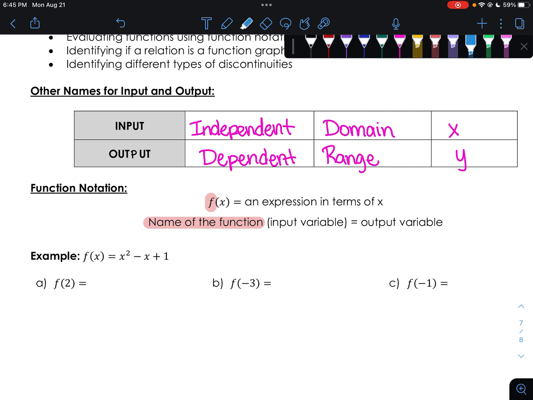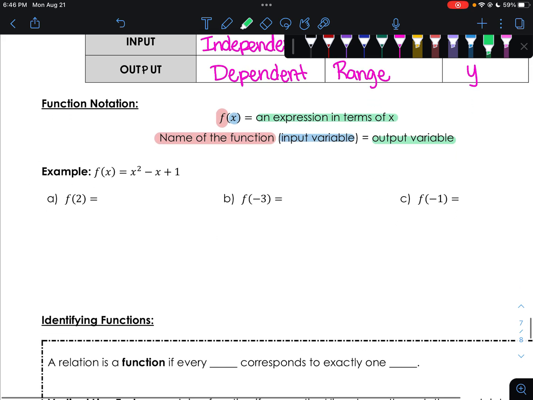Then we have our input value, our x value, inside the parentheses. That's just telling us what variable we're using. And on the outside, we have an expression in terms of x, which is our output variable. The reason we have that is because if we plug in different values for x, that's going to give us a dependent variable, our y value.